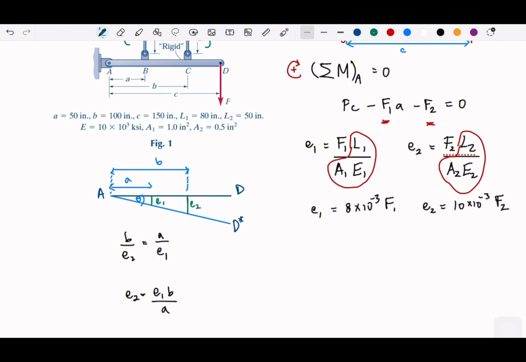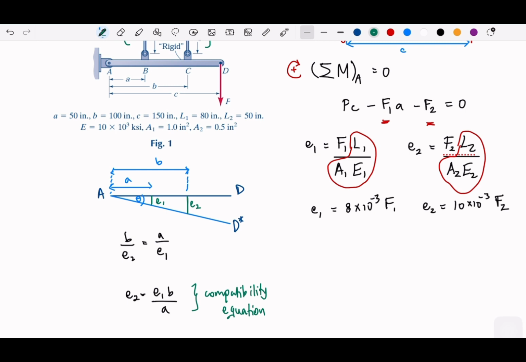Now we take this as our compatibility equation. The compatibility equation is something that you need to assume and make out by yourself. It will not show in the question.